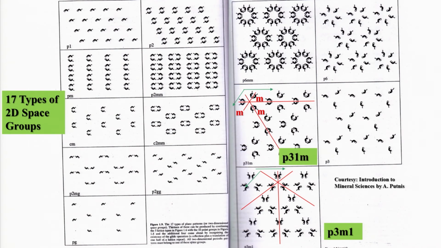So, we have done up to this stage the 4 types of plane lattices: oblique lattices, rectangular lattices, centered rectangular lattices, and then hexagonal lattices. So, what is left now?